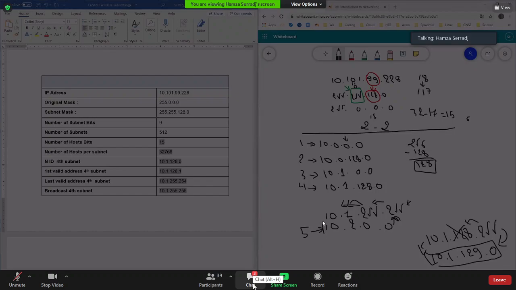Be careful with these addresses. I don't understand why you people put 128 here. 128.255 plus 1 is gonna give me 10.1.129, and I initialize here, right? So if I need to know what is the one that is before 2.0.0, I need to know how I get this 2 here.